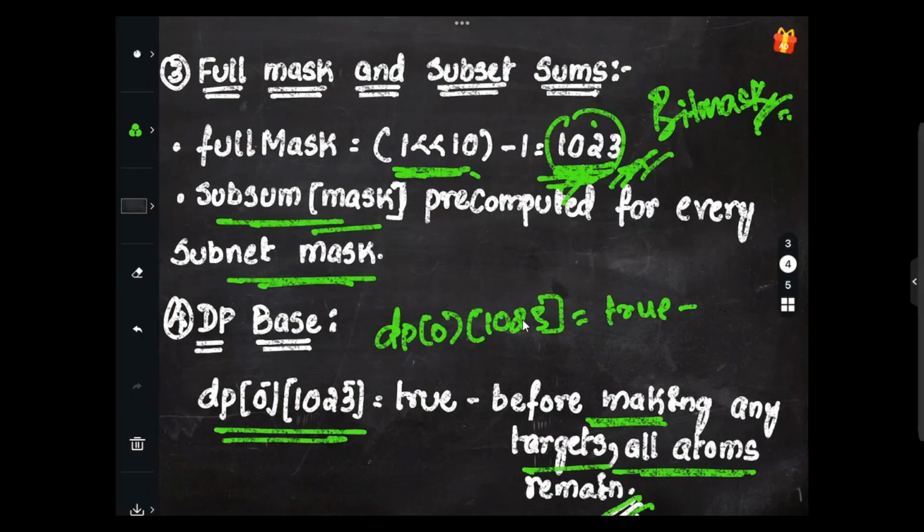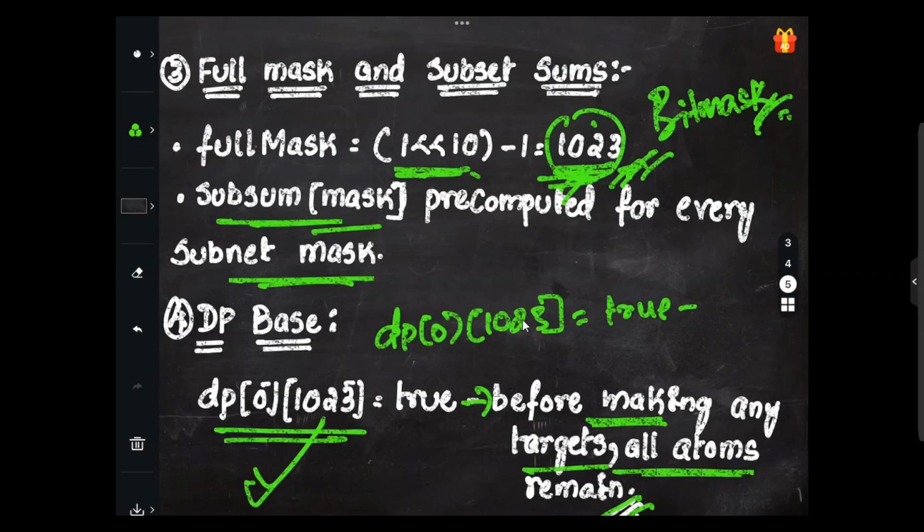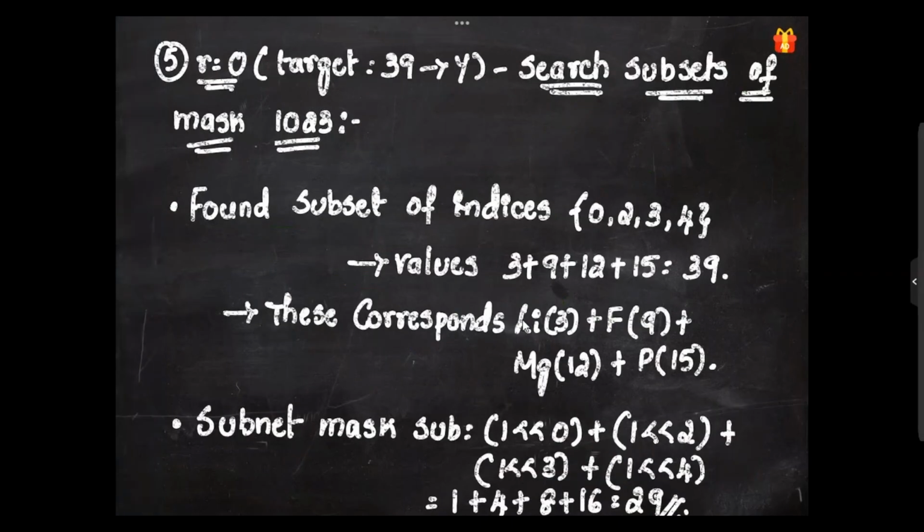Just try to remember this, right? So DP of 0, 1023 is set to true. Sorry for calling this one minus 1.